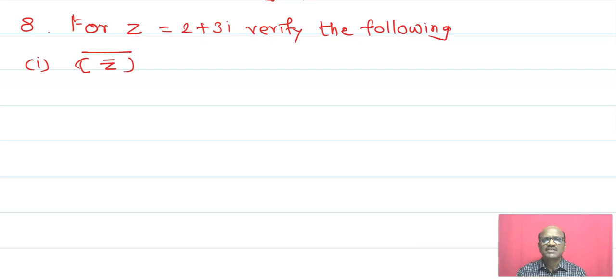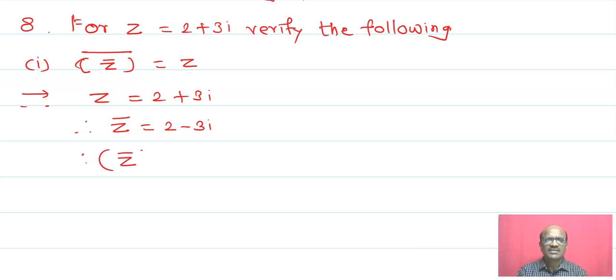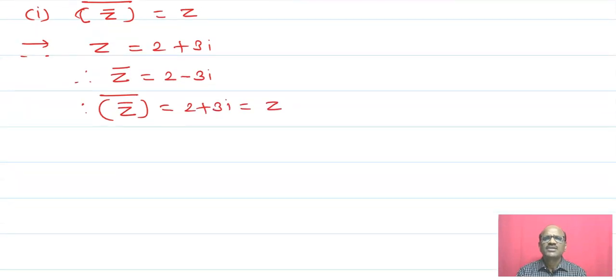First, z bar of z bar is equal to z, that is, conjugate of conjugate. z is equal to 2 plus 3i, therefore z bar is 2 minus 3i, and again taking the conjugate, the minus becomes plus again, which is nothing but z. That is, conjugate of conjugate is equal to z.